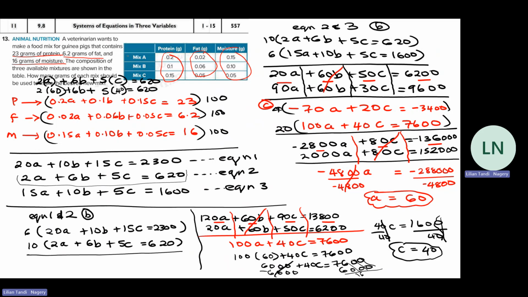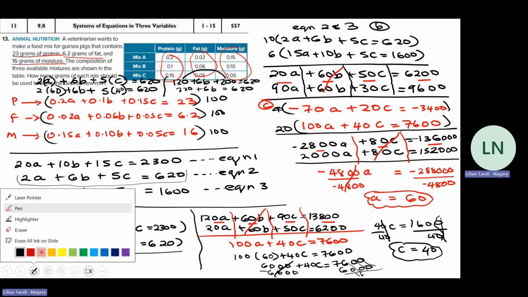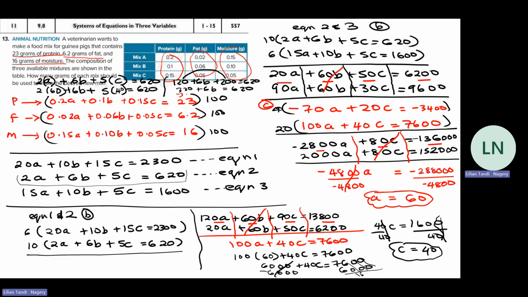Okay, this is 120. So I have 120 plus 6b plus 200 equals 620. Then I will add this. I should get 320. 320 plus 6b equals 620. Then I will minus 320 on both sides.